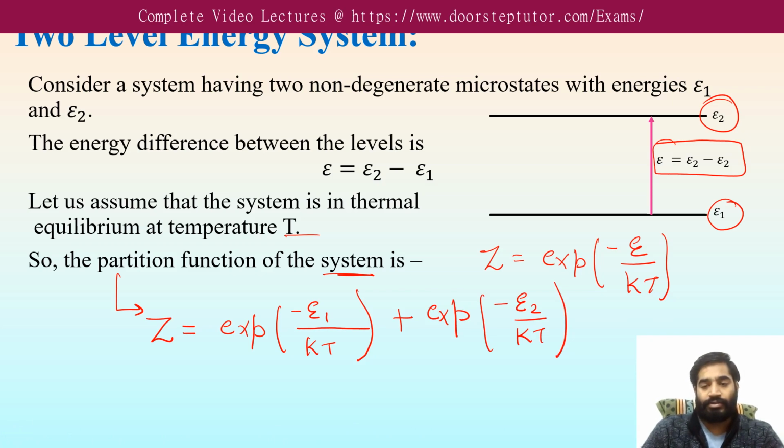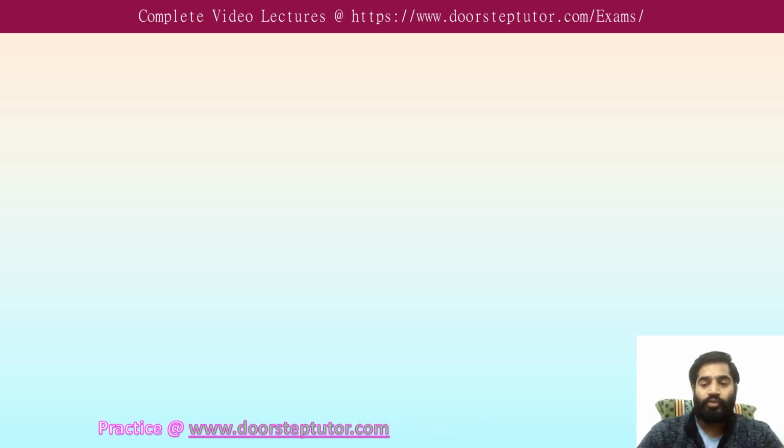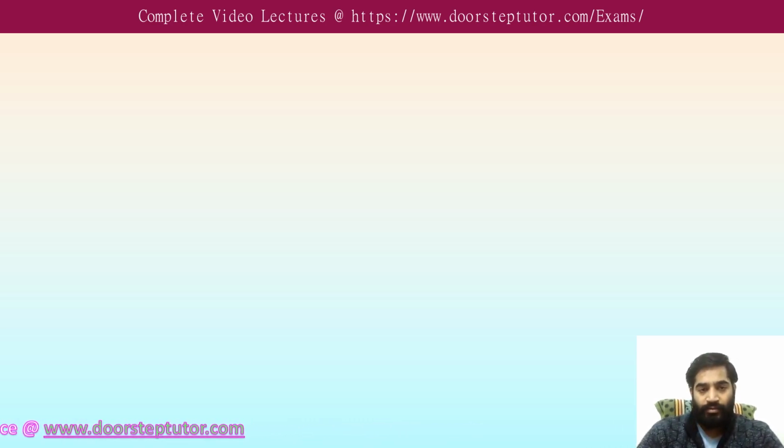Clear? This is the two-level partition function, and let this be equation 1. Now if I am interested in finding the probability of occupancy of the E1 state and the E2 state.